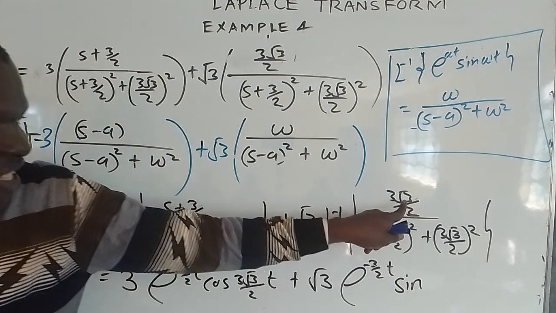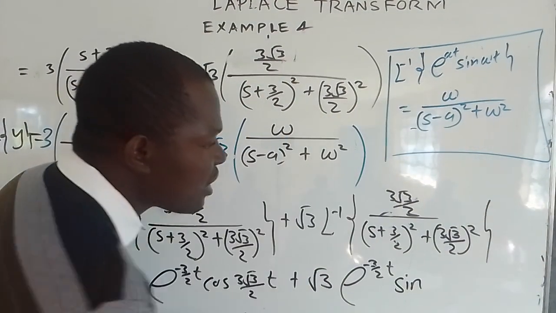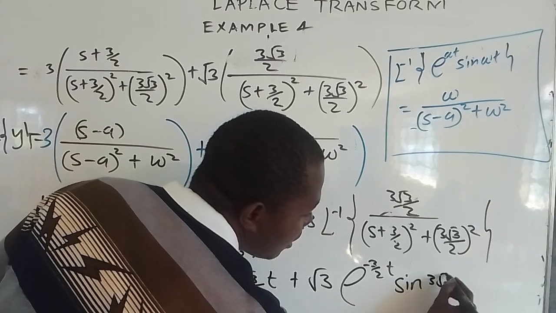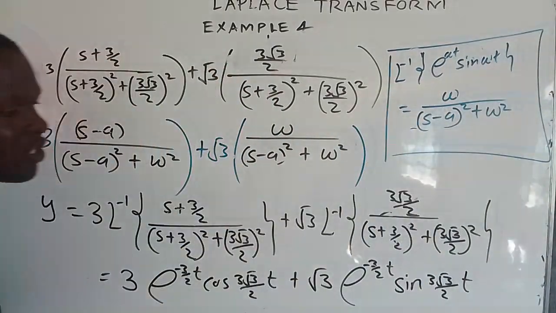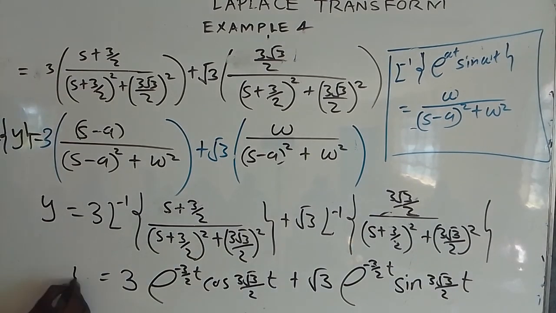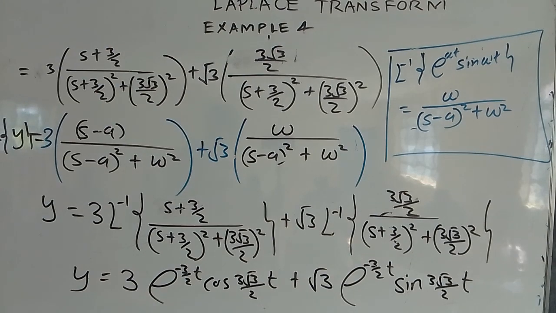So this W must be the same as that. So our W is 3 root 3 over 2, t. So W times t. After that, you have solved the homogeneous ordinary differential equation. Are we together?